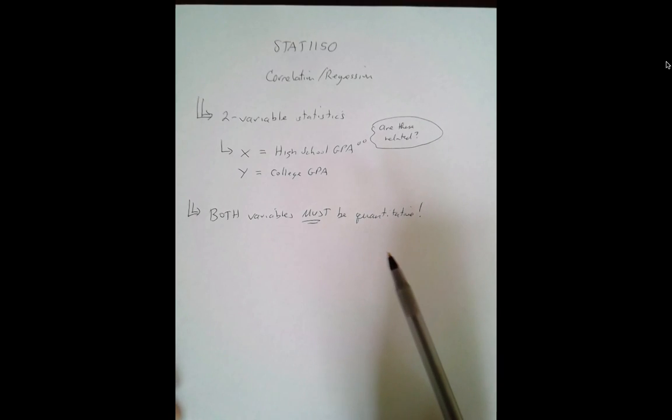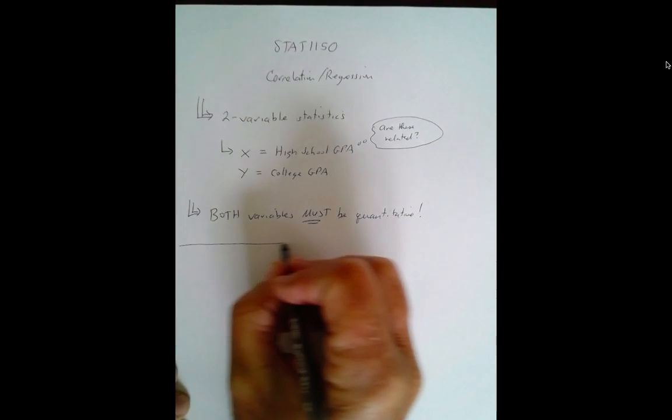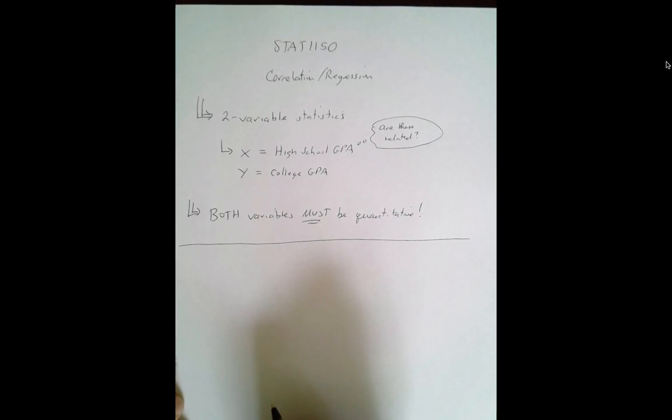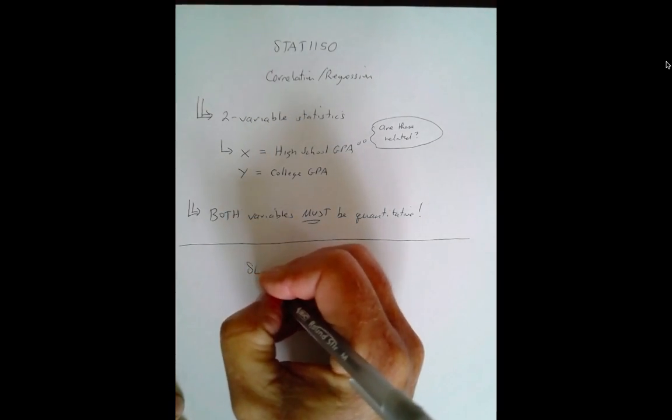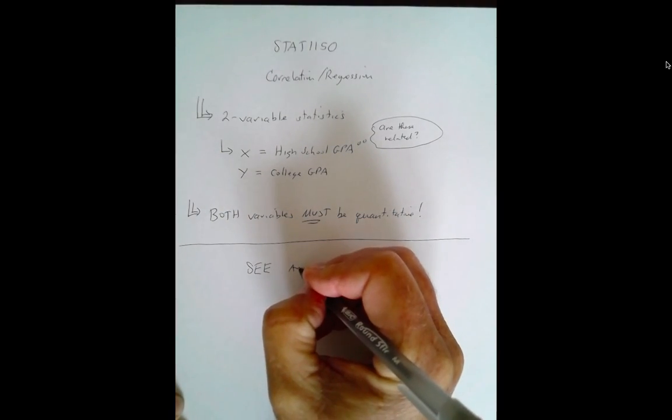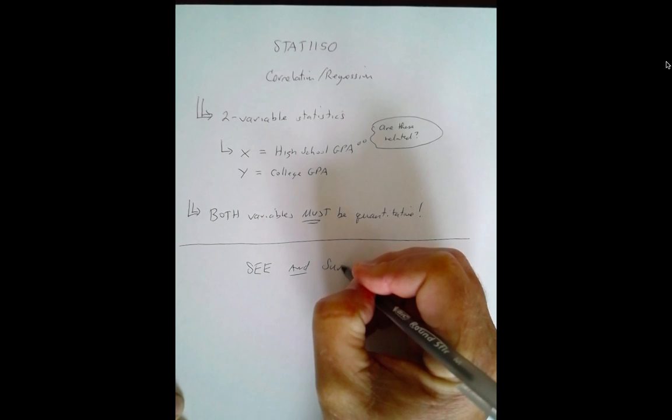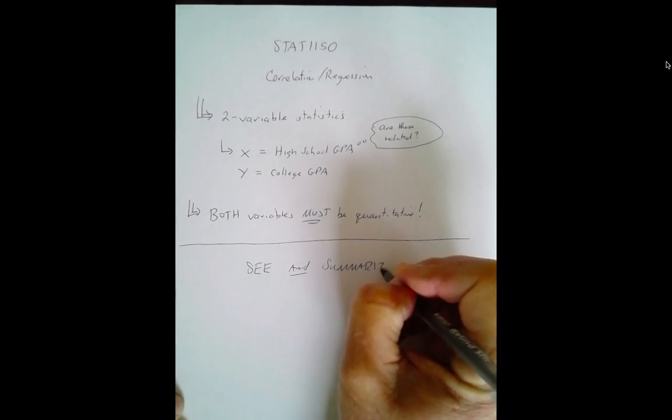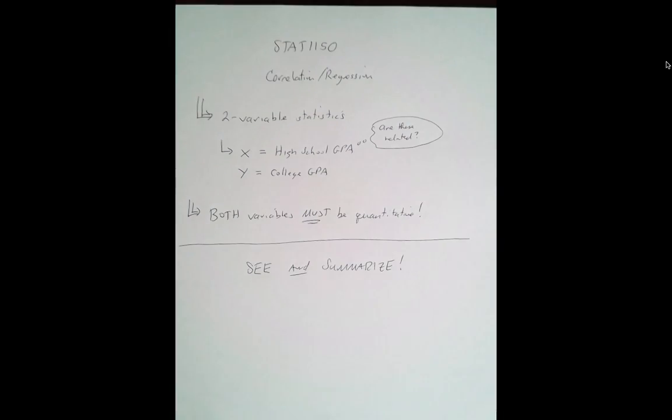Now, the first thing we'd want to do in examining this relationship, being consistent with the book, is to see the data and to summarize it.